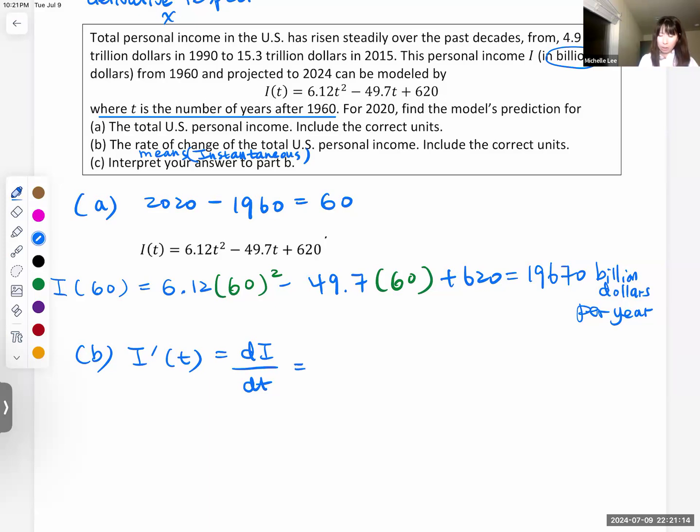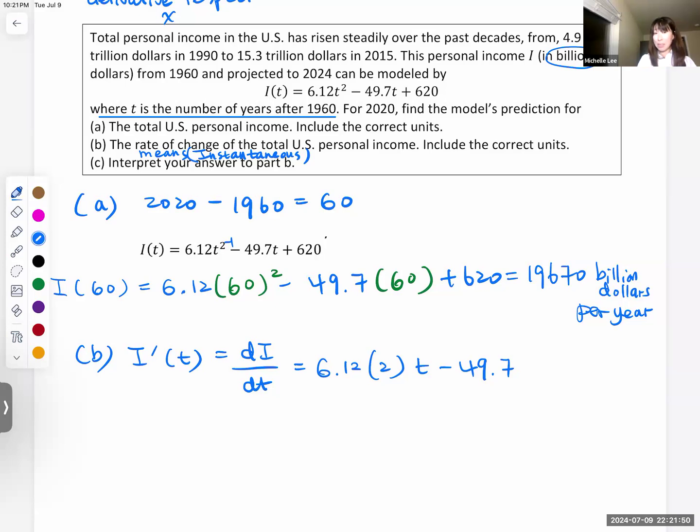All right, so what do you get? Looking at this one, we keep the coefficient and drop the power, reduce by 1. And then t minus 49.7. That's it, right? Because the power drops to 1, like earlier, the derivative of 3x is 3, just the coefficient.